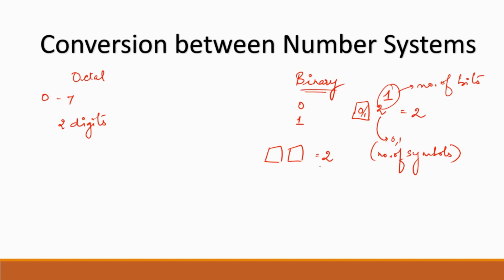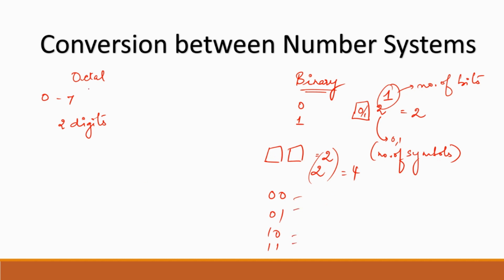So we'll have 2 to the power of 2. 2 power 2 is 4. So the number of combinations that are possible using zeros and ones for a 2-bit number is 4. So what are the different combinations? You can have 00, 01, 10 and 11. So these are the four numbers.